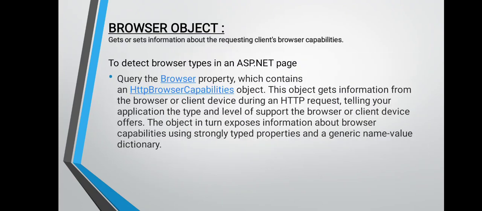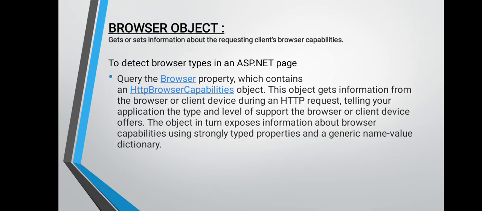The Browser object gets or sets information about the requesting client's browser capabilities, to detect browser types in an ASP.NET page. First point, query the Browser property, which contains an HttpBrowserCapabilities object.